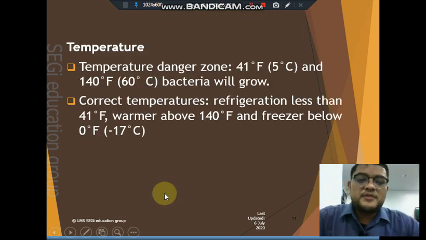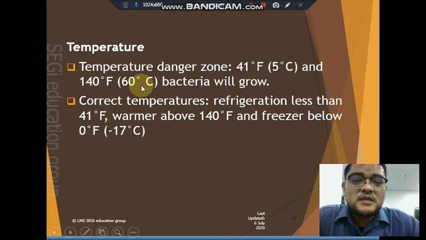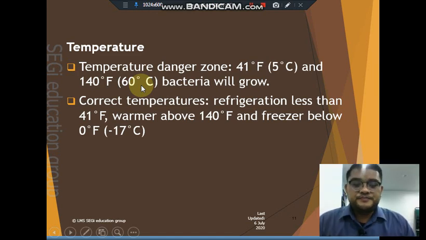Next is temperature. Temperature danger zone is between 5 and 60. Guys, between 5 degrees Celsius and 60 degrees Celsius is the best temperature for bacteria growth. Any food that is left between 5 and 60 degrees Celsius will promote really fast bacteria growth. I give you an example.